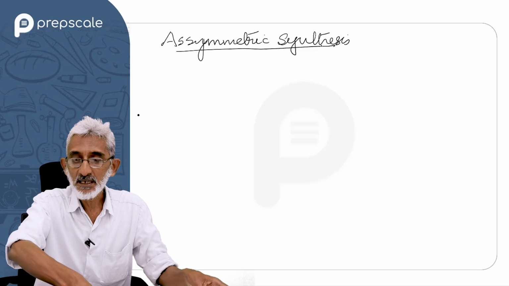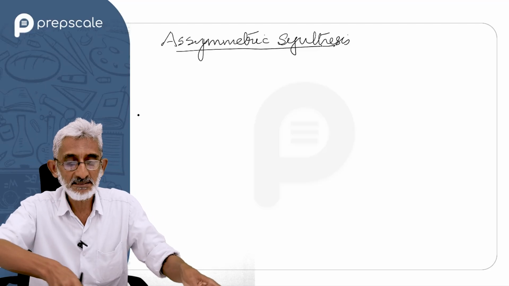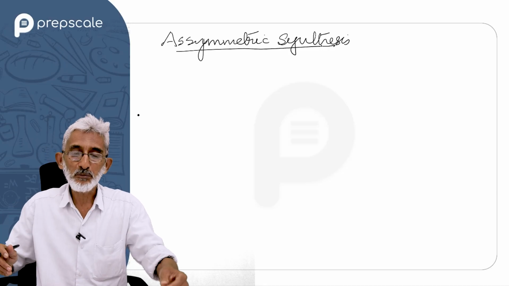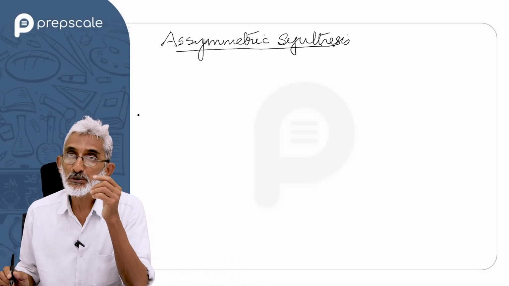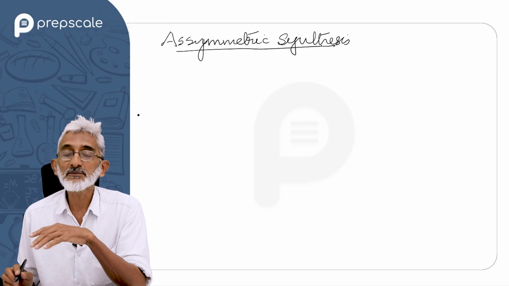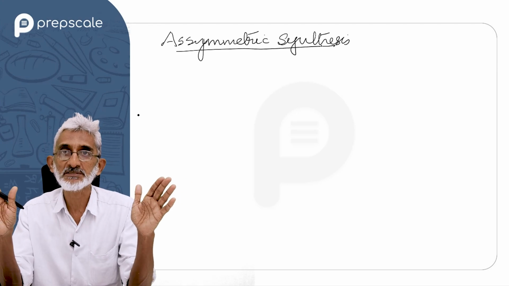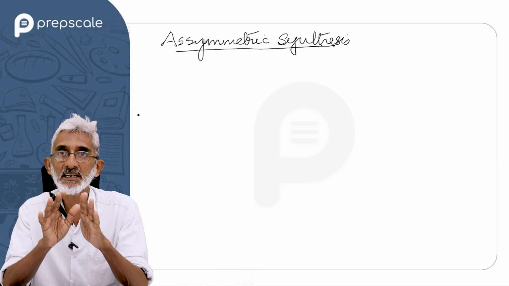So asymmetric synthesis tells you how to synthesize chiral compounds directly without the requirement of separating the enantiomers. Preparation of chiral compounds directly.